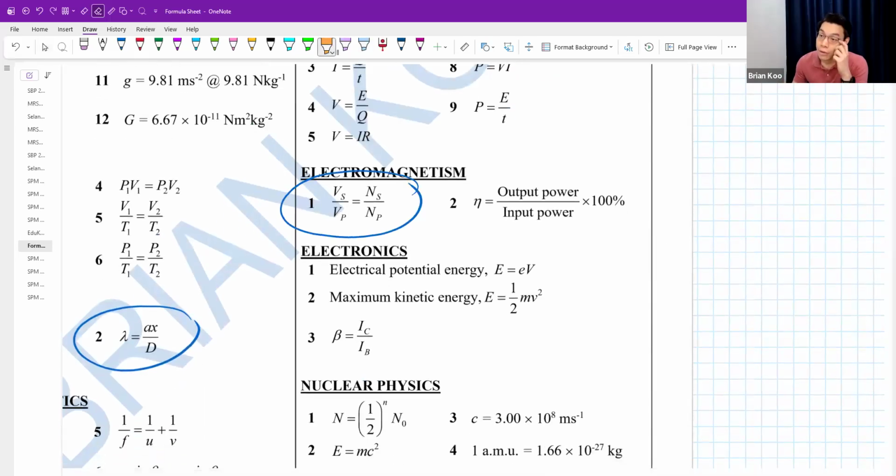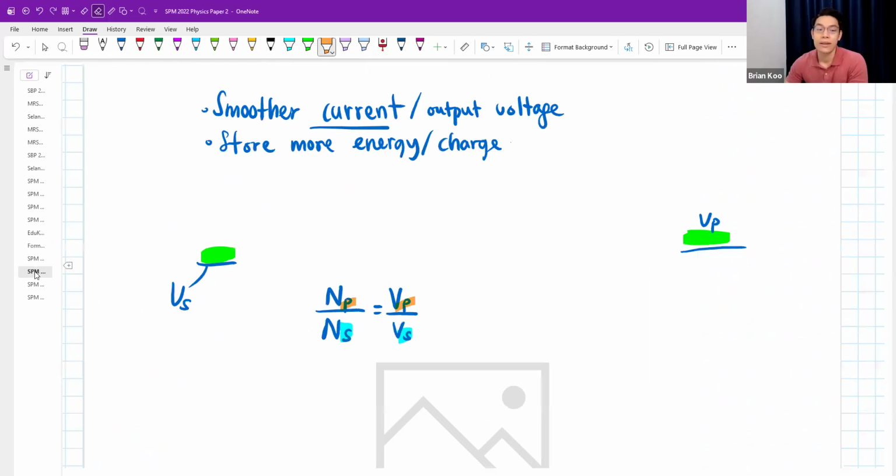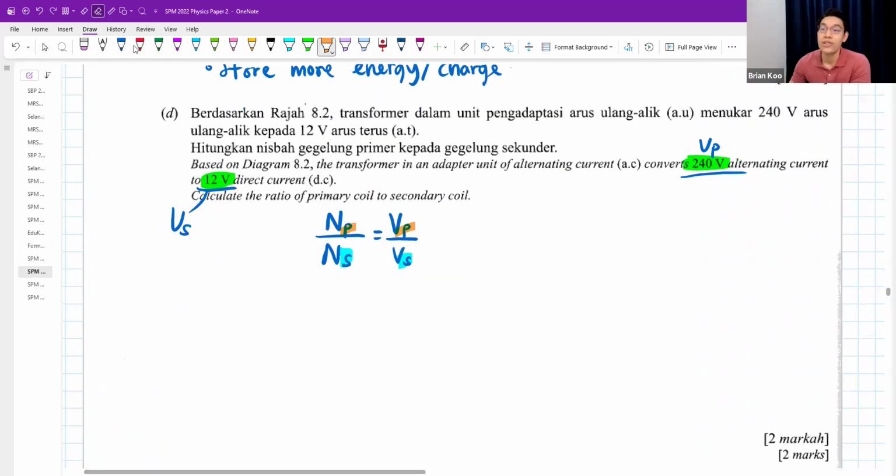They write voltage secondary to voltage primary equals number secondary to number primary. Anyways, it is S on top, P at the bottom. You can also flip. Doesn't matter. When questions say ratio, you always go and find the fraction. In maths also the same. I ask you for ratio, you just find out the fraction.